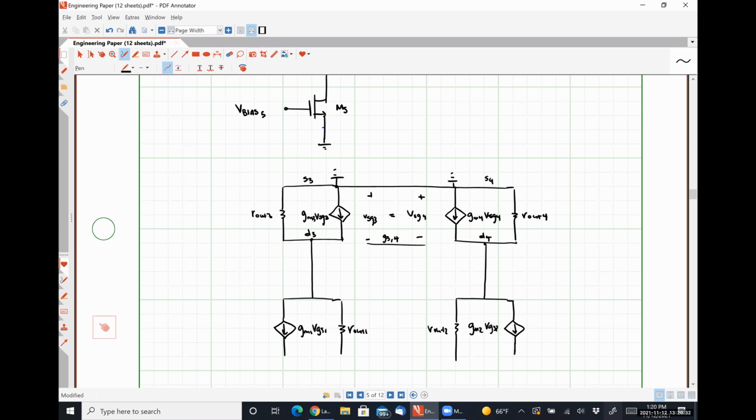VGS2. Here's where node X was. We're treating that as small signal ground.